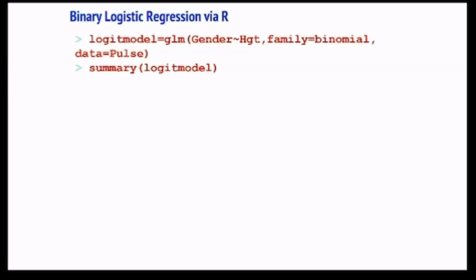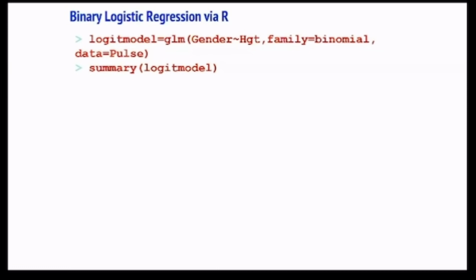Now, this is the coding part. I'm going to tell you the difference between how we code logistic regression and how we code linear regression. In logistic regression, you put glm because it's a family of generalized linear models.